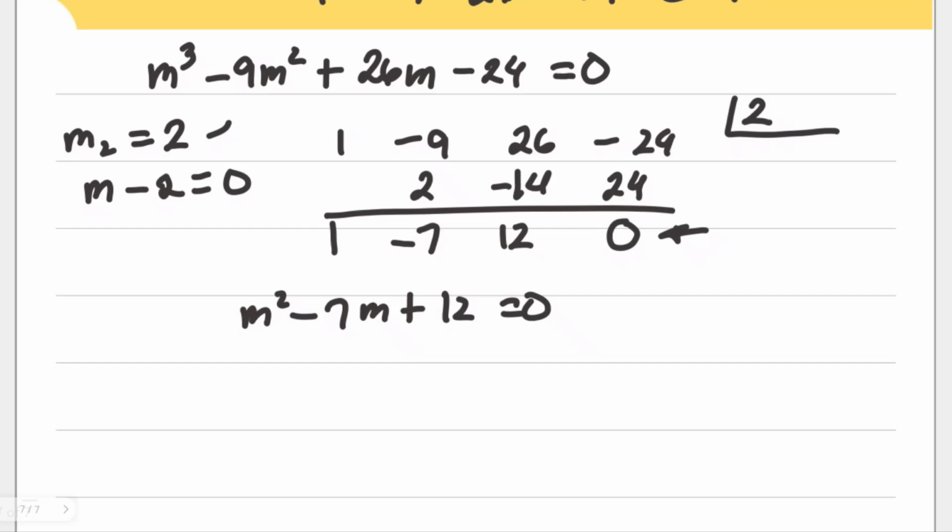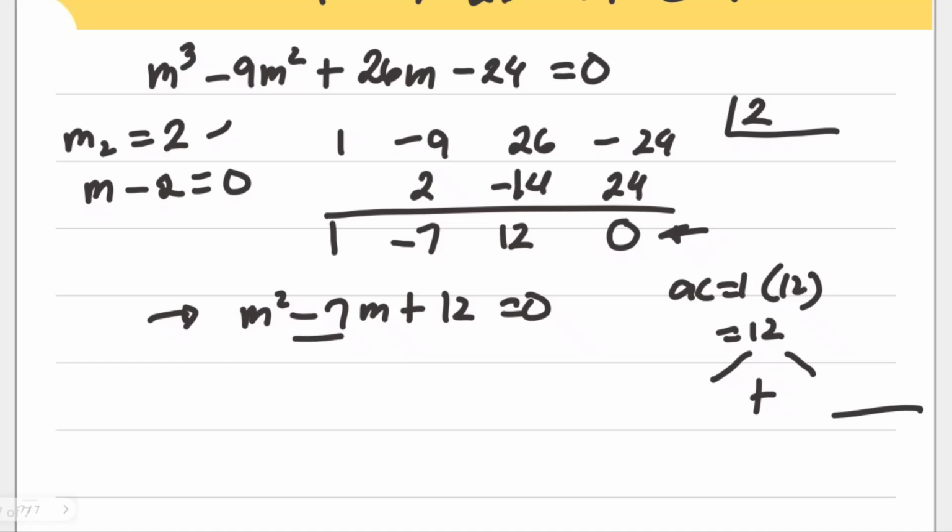Here, you don't need to use intuition. You can simply use here the process in solving the roots of a quadratic function, because this is a quadratic function now. Or, sorry, quadratic equation. You can use the quadratic formula or simply use the factoring. AC is 1 times 12. That's 12. Factors of 12 when added will result to our middle term, negative 7.